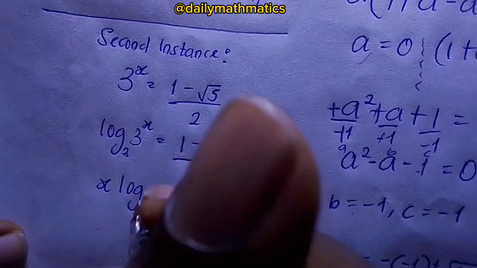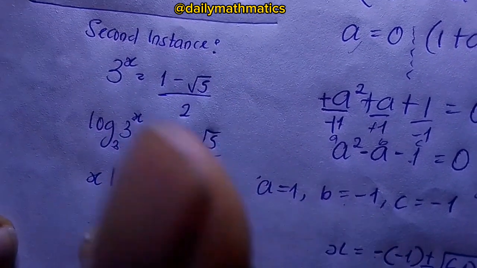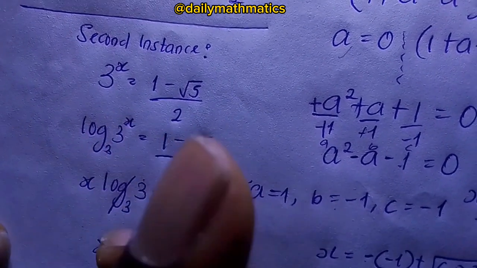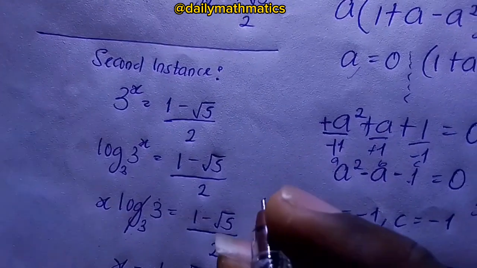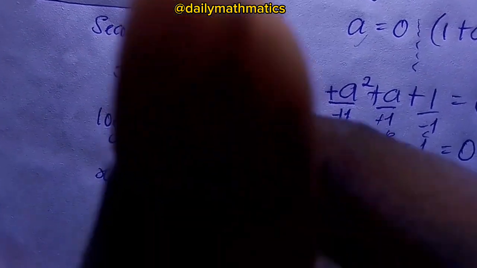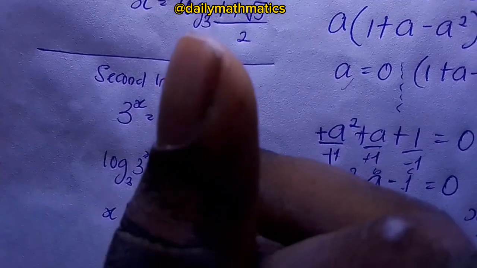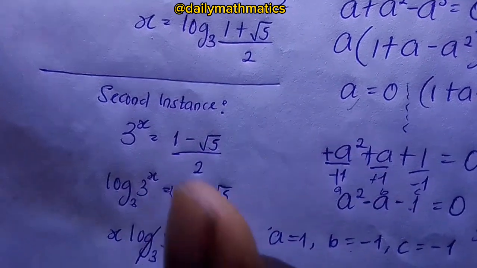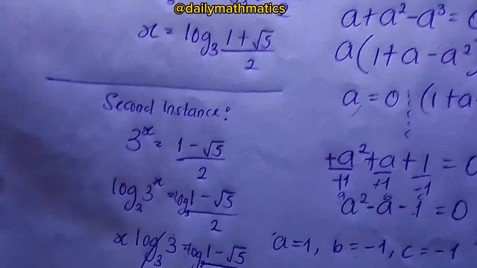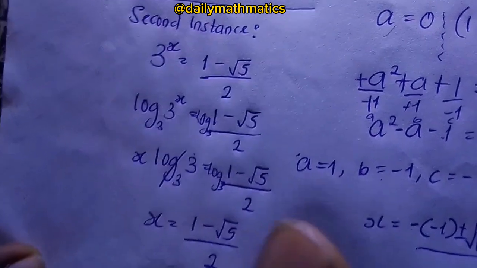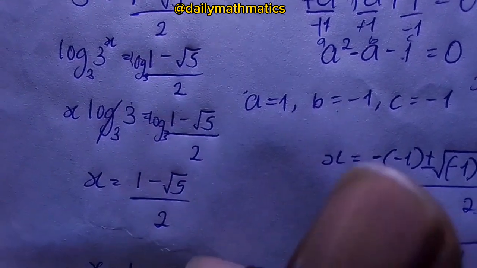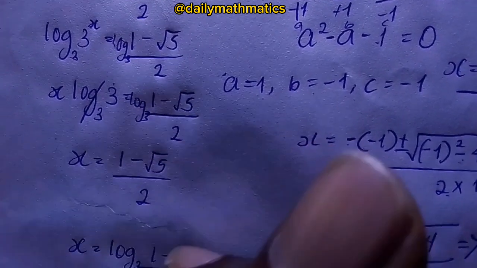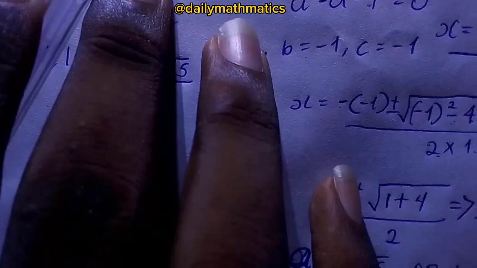And so log 3 in base 3 is 1, times x equals log 3 of 1 minus root 5 over 2. So these are all the values. So x is either log 3 of 1 plus root 5 over 2, or log 3 of 1 minus root 5 over 2.